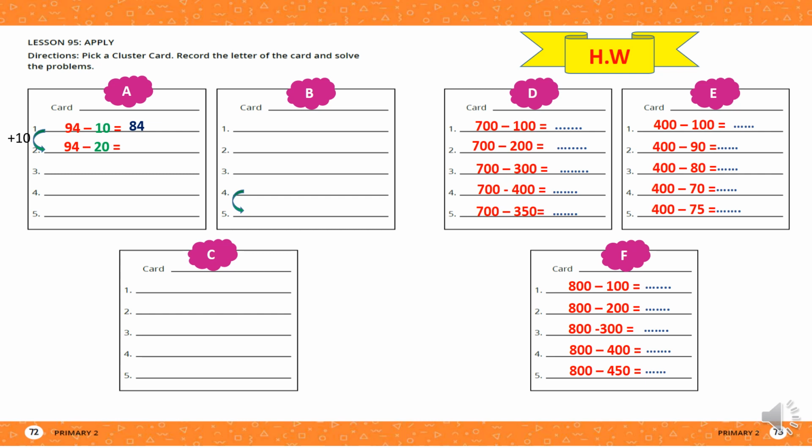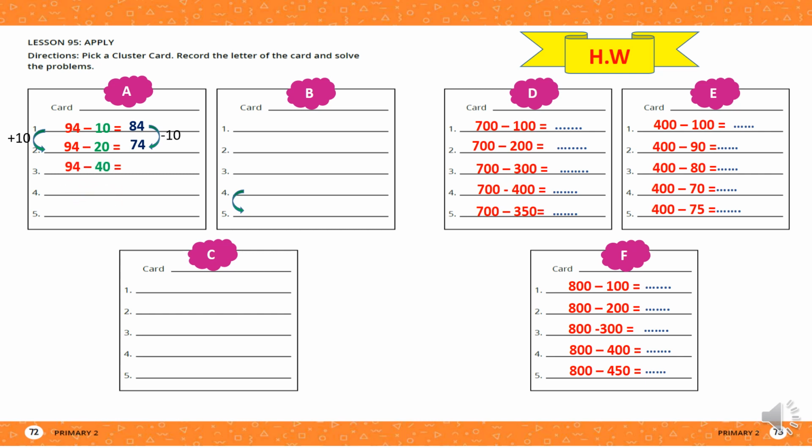Now we are adding 10 to the second addend, so we must subtract 10 from the other side. Why? To keep the equations equal, to keep them balanced. 84 minus 10 equals what? 84 minus 10 equals 74.